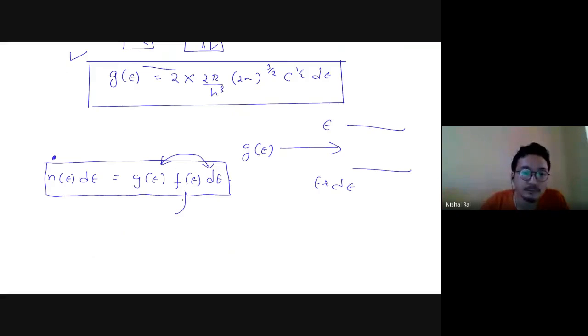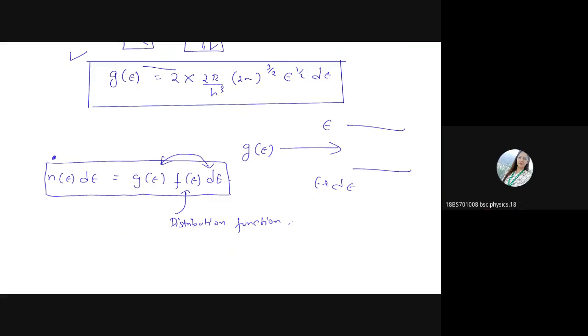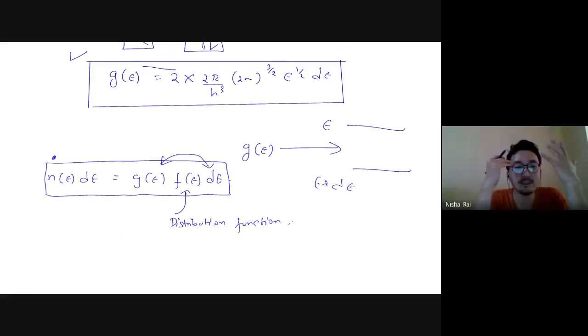And what is F(E)? F(E) is basically a distribution function. Is it clear? This is how you find the number of particles which are occupying these quantum states. This is usually how you find it.